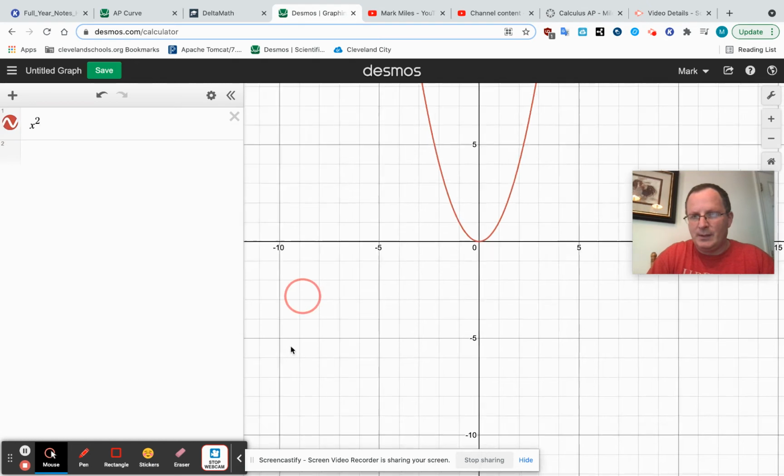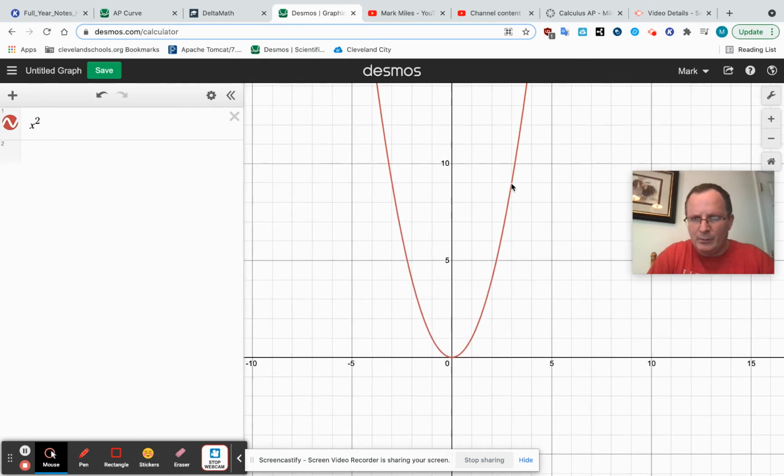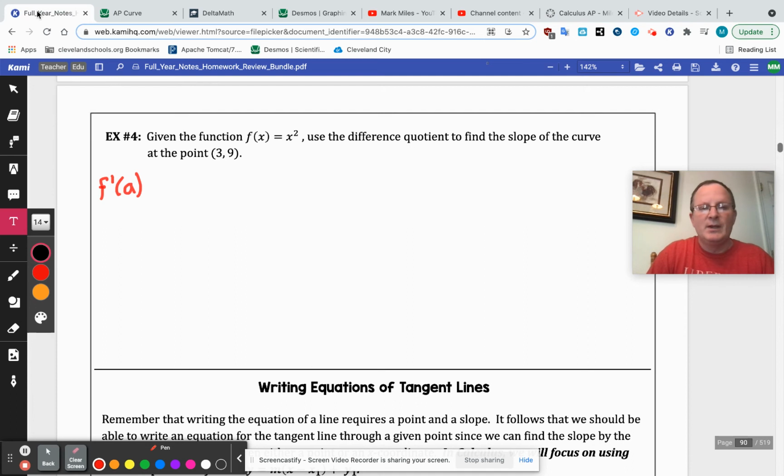When x is 3, we're right here. So we're trying to find the slope of this line right here that is tangent. It's going to go something like that. I missed, but you get the idea. That's what we're looking for.